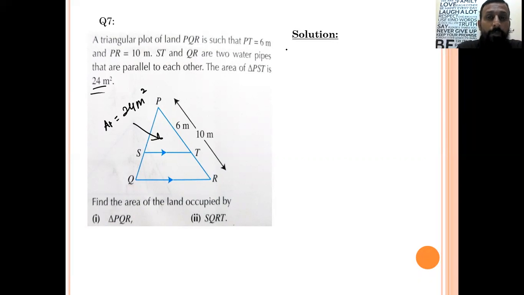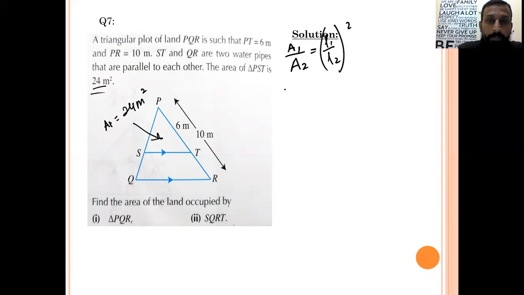So what is the formula? A1 upon A2 is equal to L1 upon L2 the whole square. So the area A1 is 24, A2 is unknown, let it be unknown. L1 is the length of the first triangle PST.